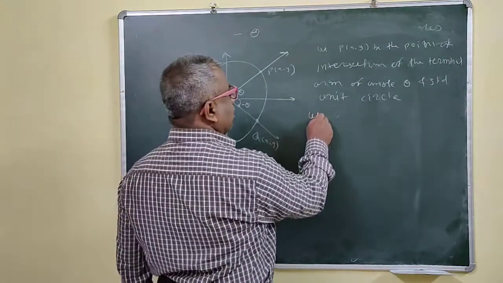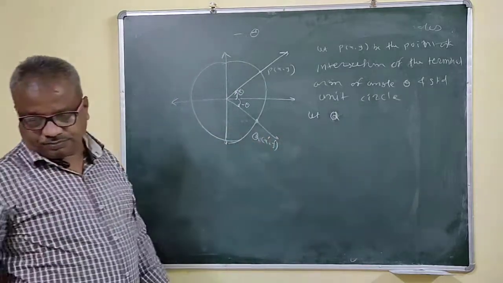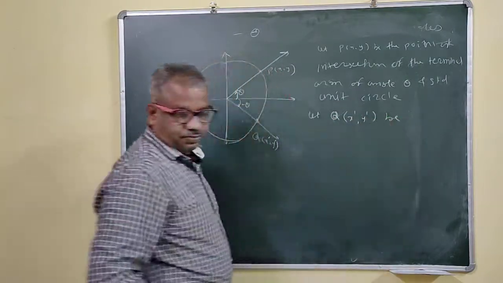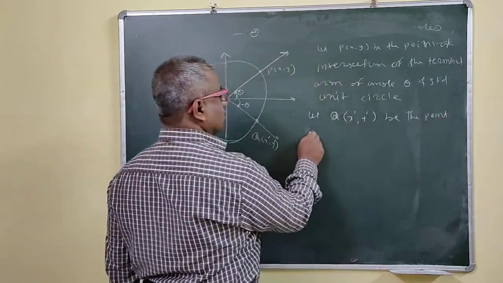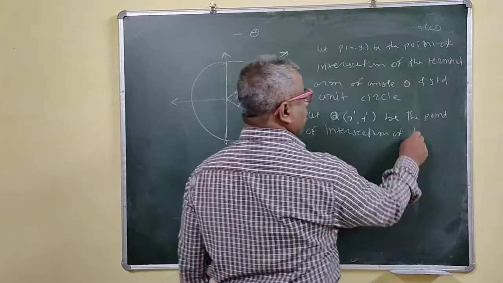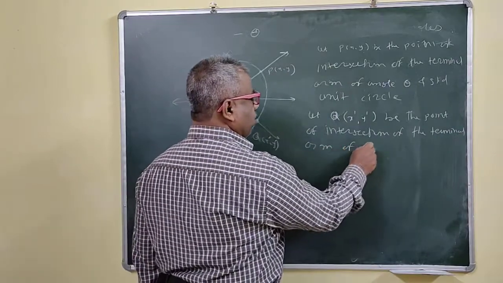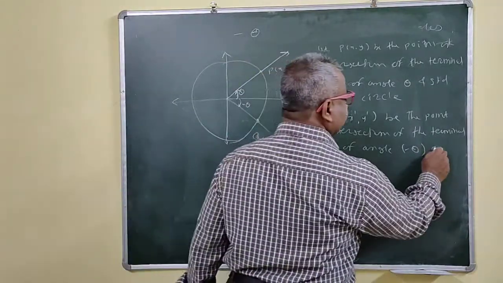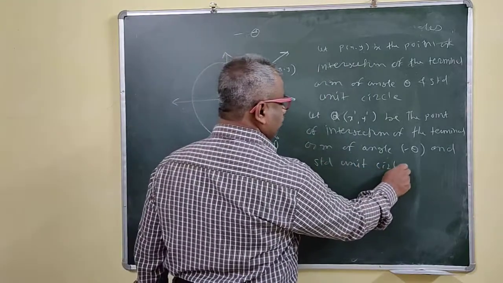Let Q(x', y') be the point of intersection of the terminal arm of angle minus theta and the standard unit circle.